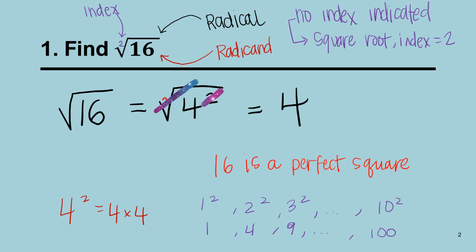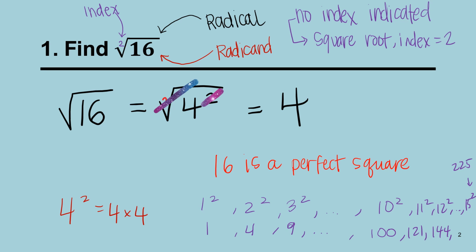I would suggest maybe even going all the way to 15. So 11 squared, 12 squared, all the way to 15 squared. If you don't want to have those memorized, you can just put them on your formula sheet. 11 squared is 121, 12 squared is 144, 15 squared I think is 215, but let me check. 15 squared is 225.